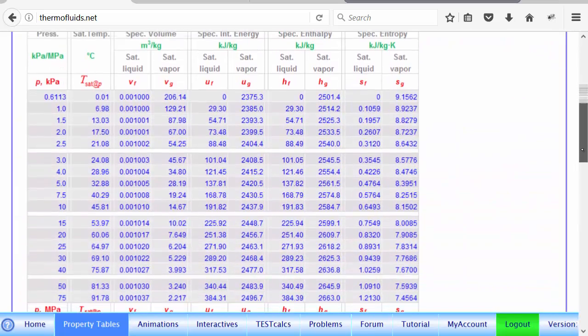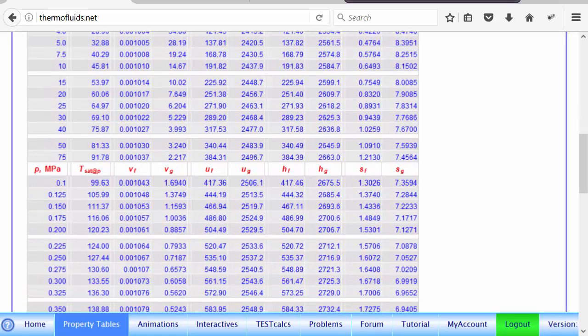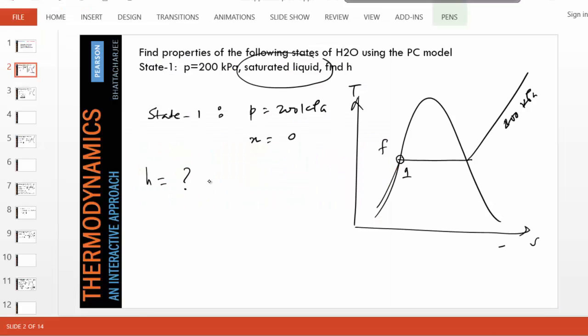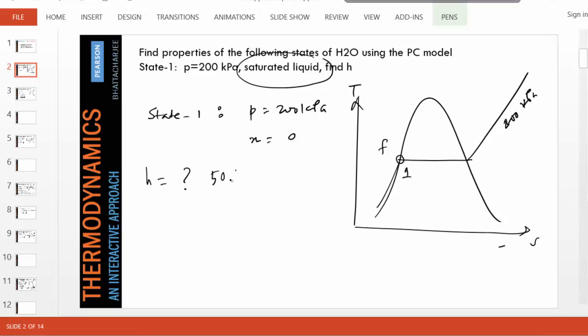At 200 kPa, it's a relatively simple problem. As you can see, the enthalpy of the saturated liquid is right here, 504.7. So we pick up this number and write our manual solution, 504.7 kilojoule per kg.